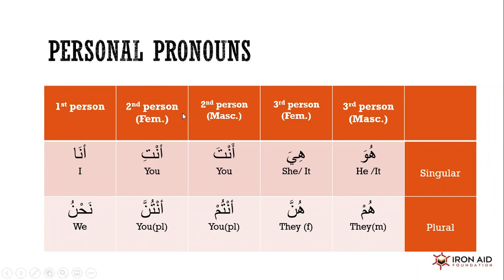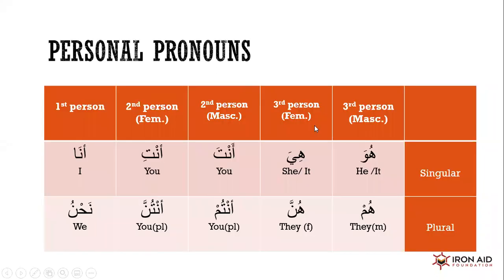Second person pronouns are you, and third person pronouns are he and she and they. So they're absent. So that's third person. Second person is if you're talking to someone in front of you, and first person is if you're talking about yourself or ourselves.